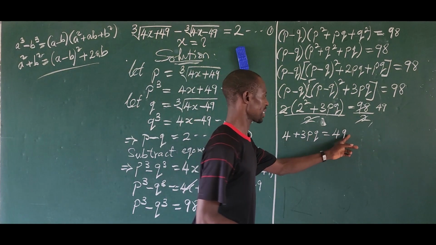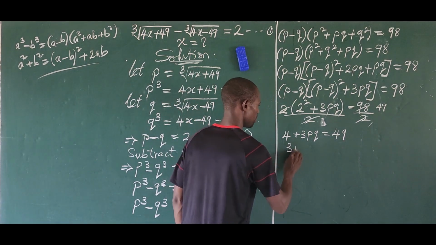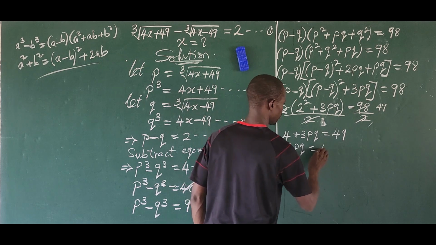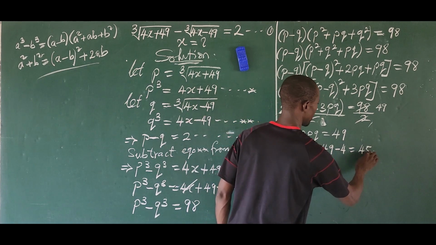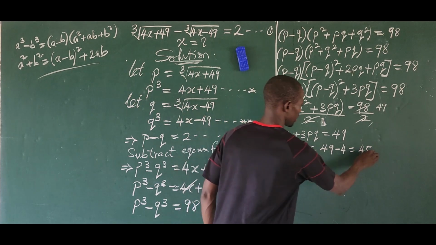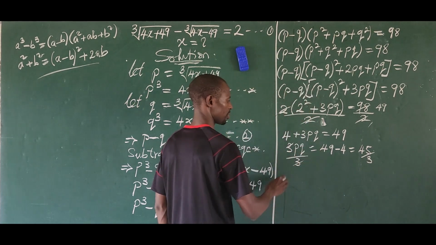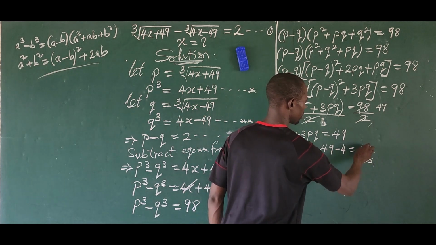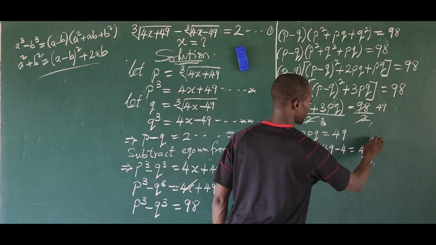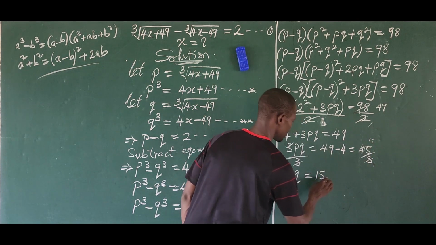We send the 4 to this side to give us 3PQ = 49 − 4, and this will give us 45. Divide by 3 on both sides and cancel, so PQ will now be equal to 15.